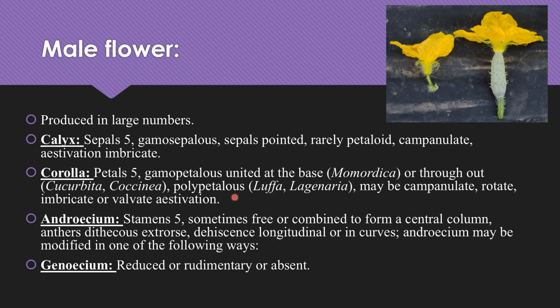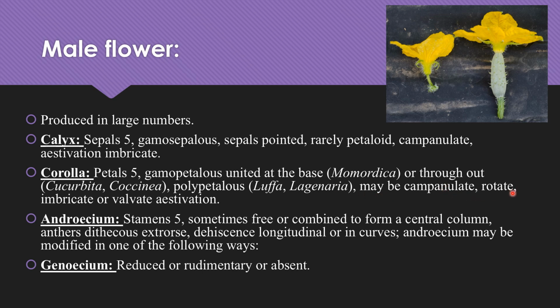Sepals are pointed, while the gamopetalous corolla is united at the base, as in the genus Momordica, or throughout, as in the genus Cucurbita or Coccinia. Polypetalous condition is also present in the genera Luffa and Lagenaria.